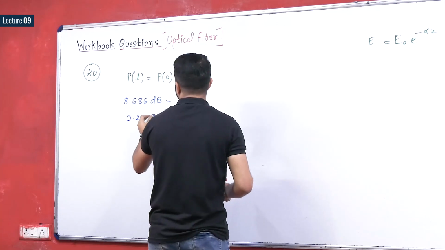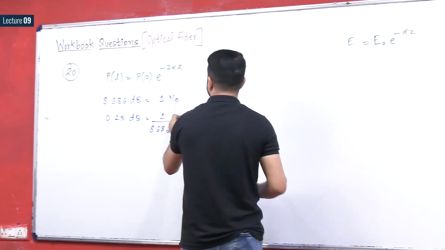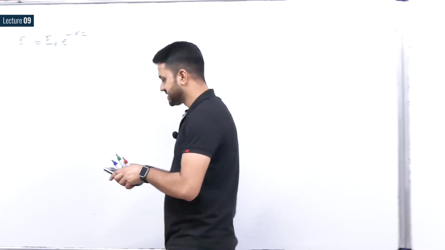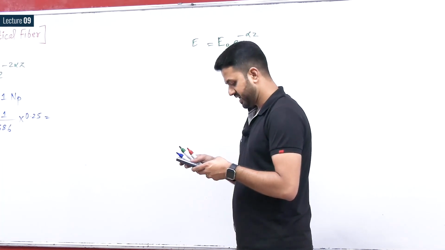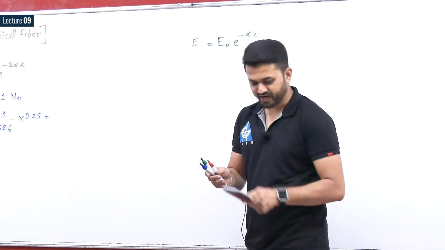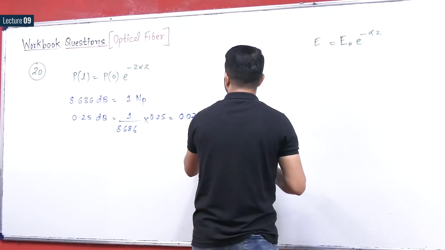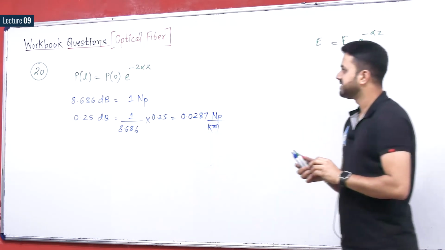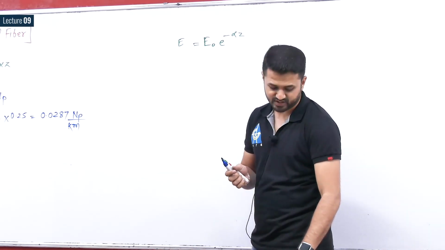So 0.25 dB will be equal to 0.25 divided by 8.686, which is 0.0287 Napier per kilometer. And the distance we have to calculate should also be in kilometer.